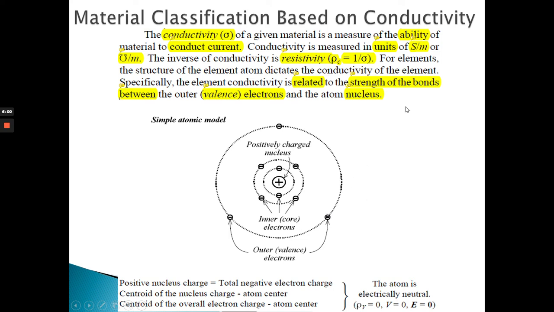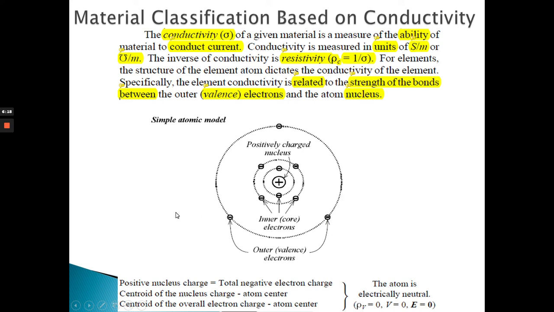Whenever an external electric force is applied to this atom, it tends to change the movement of these electrons.